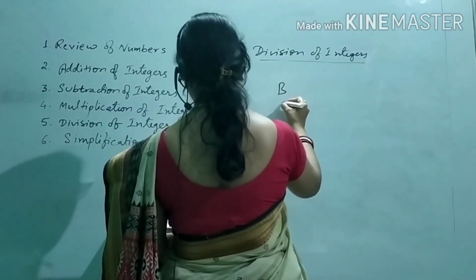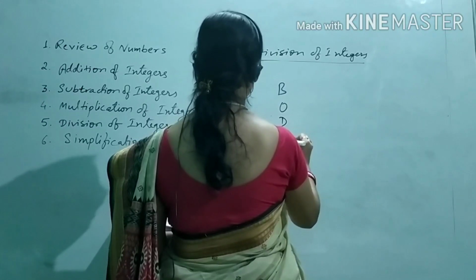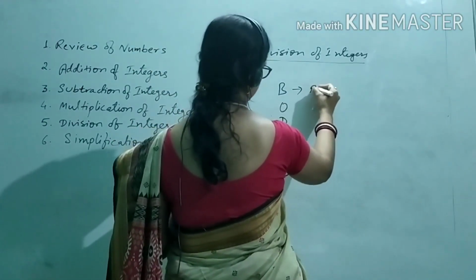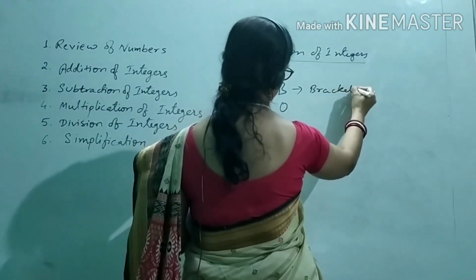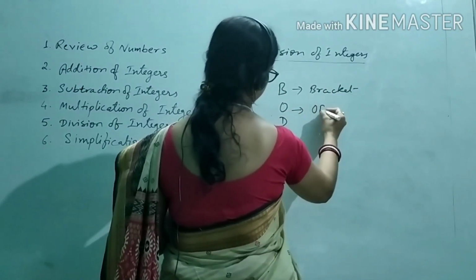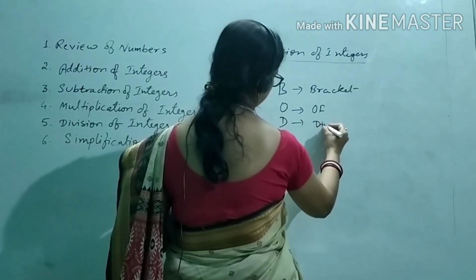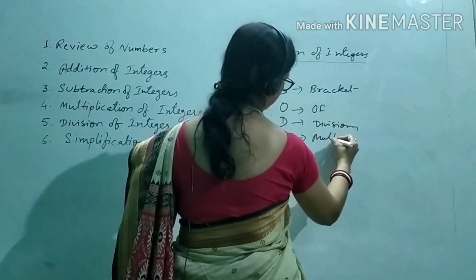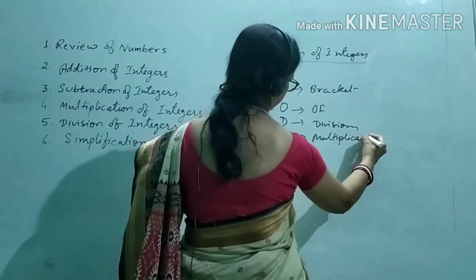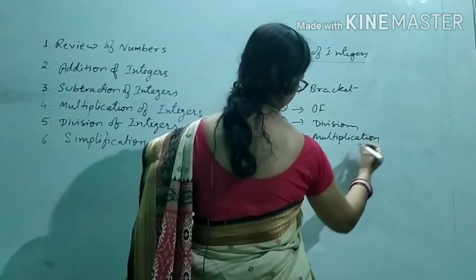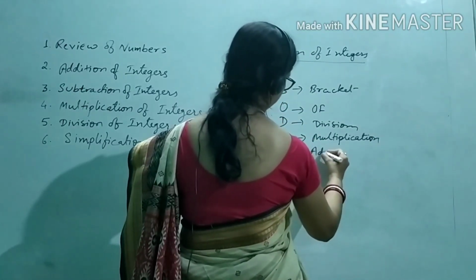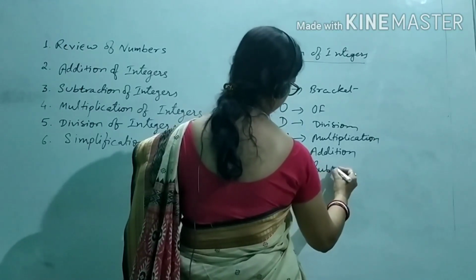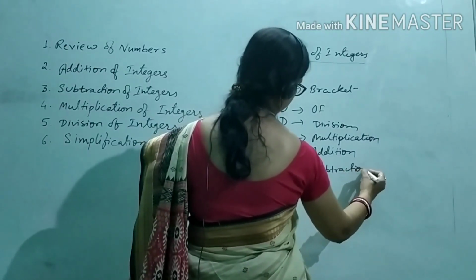B O D M A S, where B stands for bracket, O for of, D for division, M for multiplication, A for addition, S for subtraction.